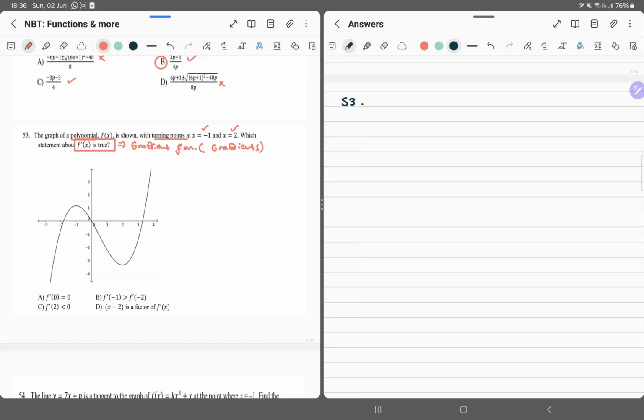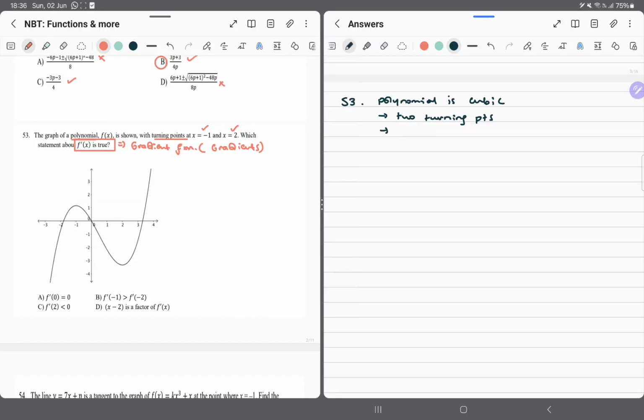All right. Nice and easy. So we can see that here our polynomial is cubic. Why do we know? First of all, it has got 2 turning points. But it's not always the case, but it is for now, and we can appreciate that.